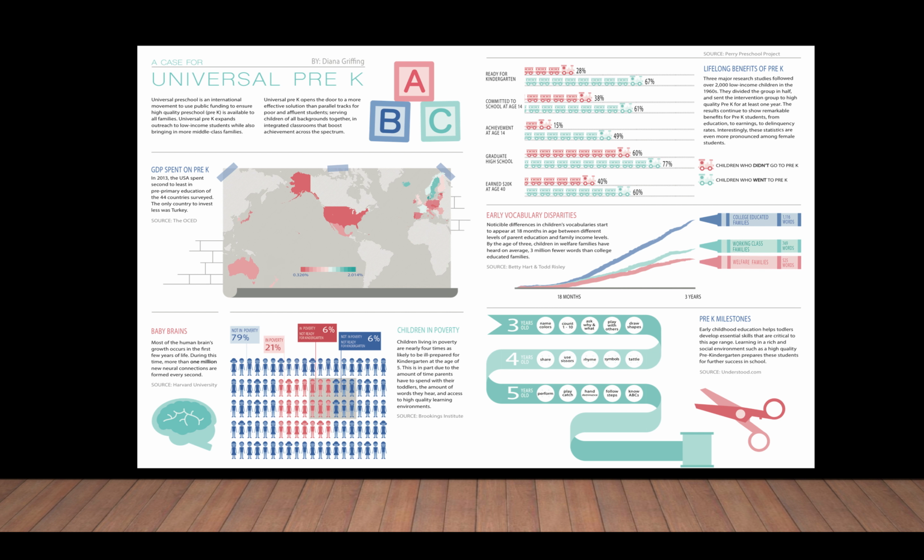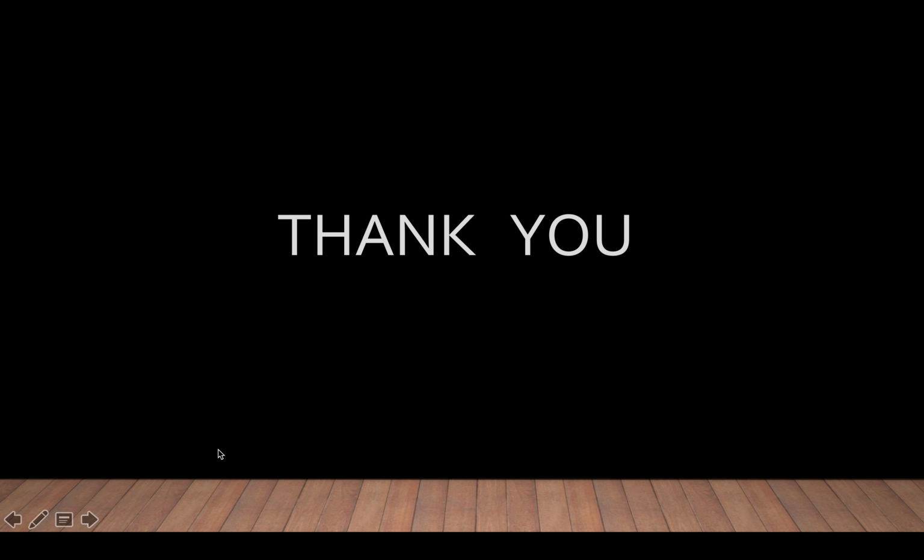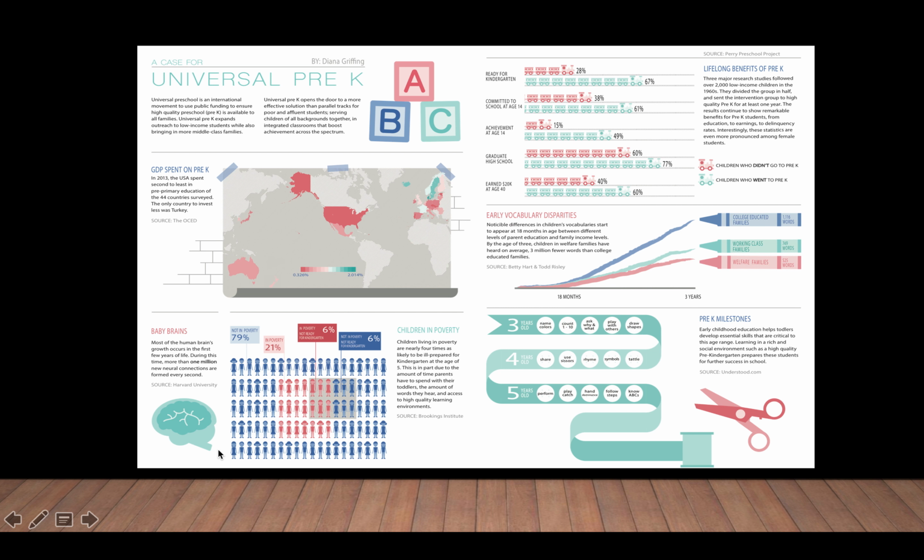One last thing I did want to draw attention to, something that I was very excited about. In my education classes, since I am an education minor, we recently learned that 700 new neural connections are made every second in a baby brain. However, shortly before I had to put together this final infographic, Harvard released a new study that expanded it from 700 new neural connections every second to 1 million.